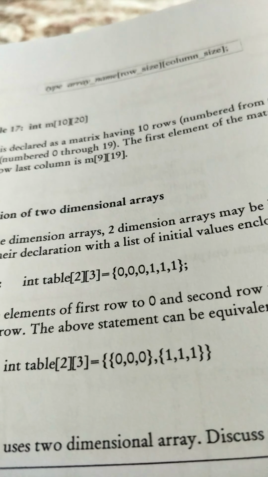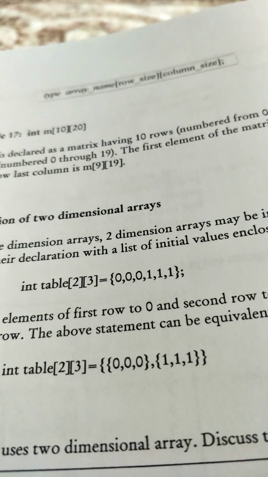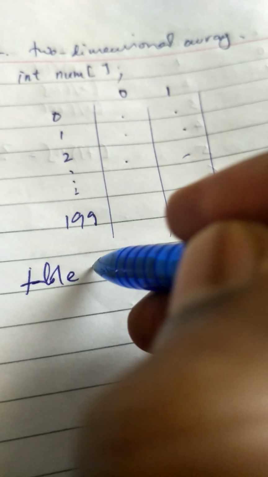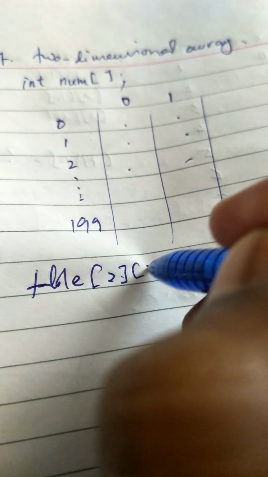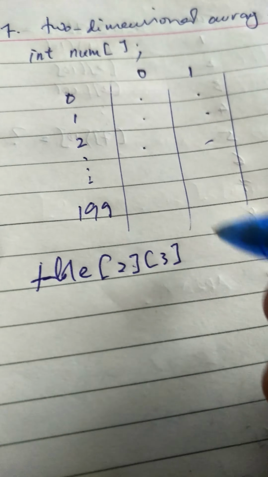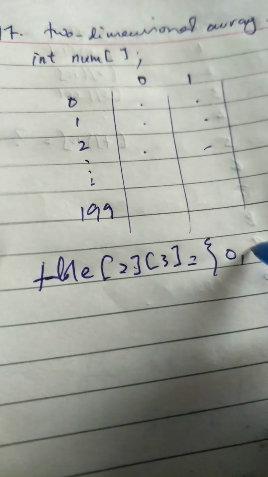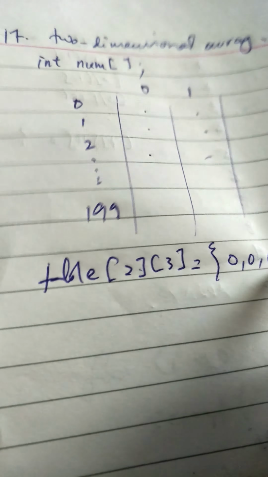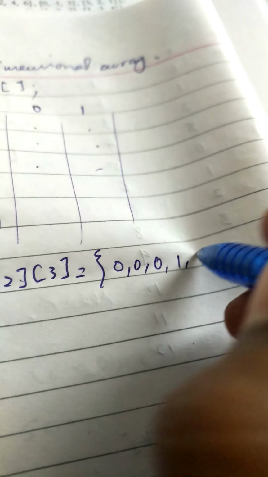Let me write it here. We have table 2, 3 with the initial values 0, 0, 0, 1, 1, 1.